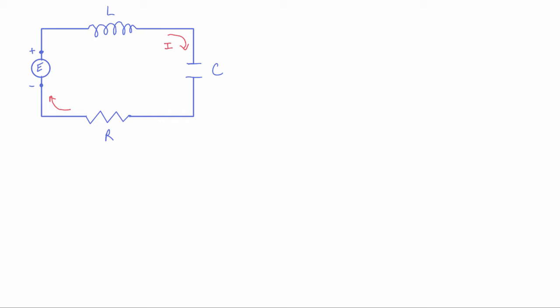So pictured here to start with is what is called an LRC circuit. And just to familiarize ourselves with the terminology a little bit, L stands for inductance. It's measured with units called henries.